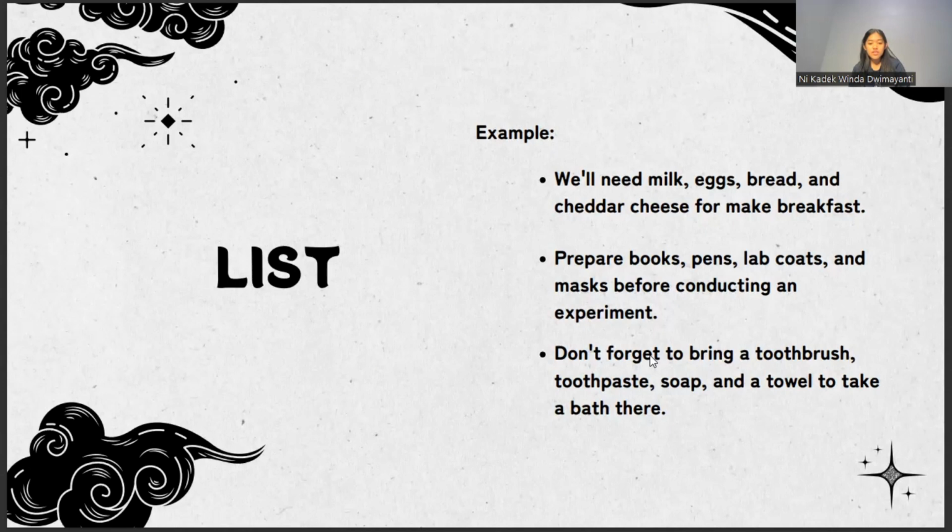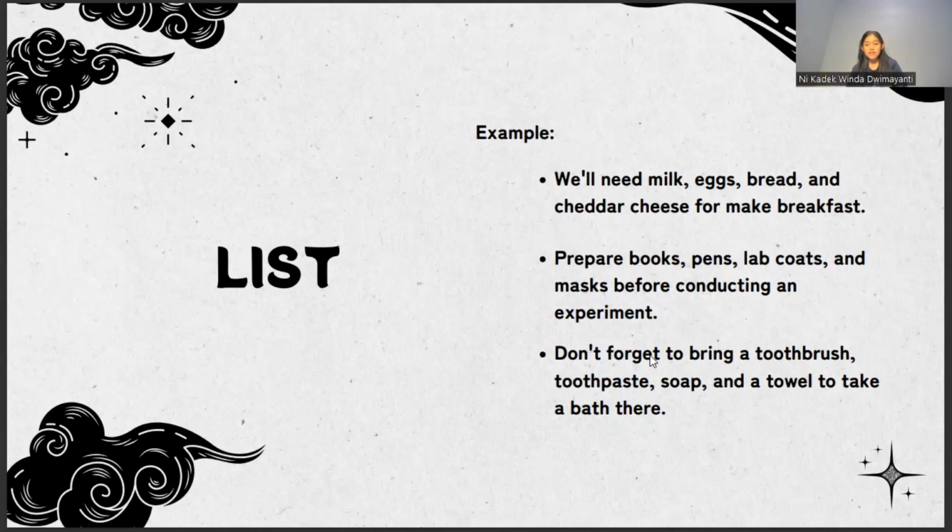And in the last word, and masks, the tone uses falling intonation, which marks the completion of the sentence. This list is usually marked with the word and. Look at the third example. Don't forget to bring a toothbrush, toothpaste, soap, and a towel to take a bath.